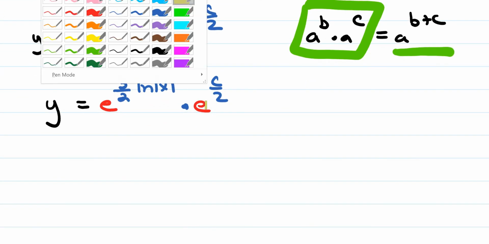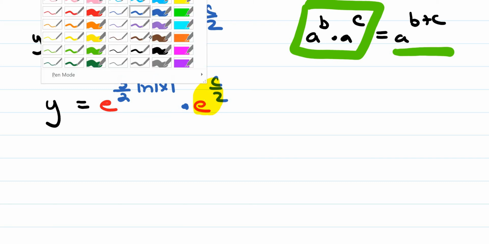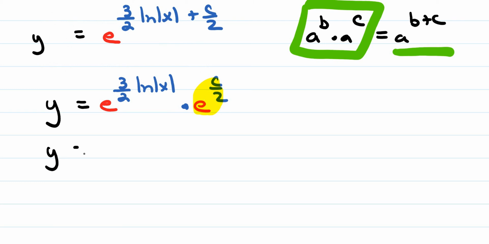And now you just need to recognize that this part right here in yellow is a number to the power of a number, so that's simply going to be a constant. All right, so if I do that, this is going to be y equals, let's skip a step here. The constant that we use is the letter A. A represents a constant, so I'll put that constant in front now. And then I have e to the power of 3 over 2 ln absolute value of x.